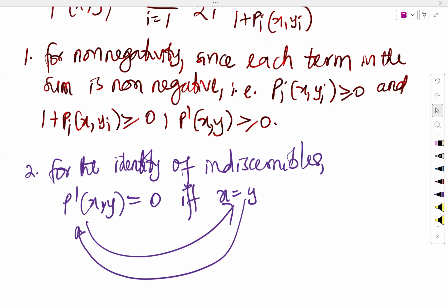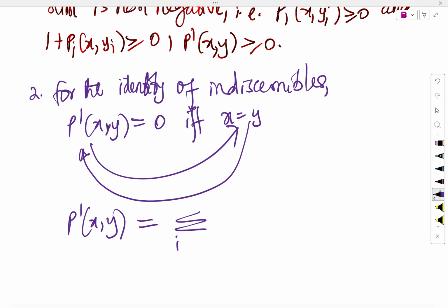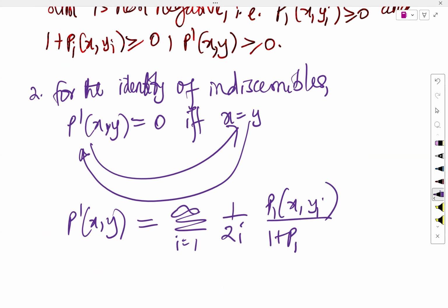If we take this first one, that p prime of x y, which is the same thing as the summation from i equals 1 to infinity of 1 over 2^i, then p_i of x comma y_i all over 1 plus p_i of x comma y_i, is equal to 0.